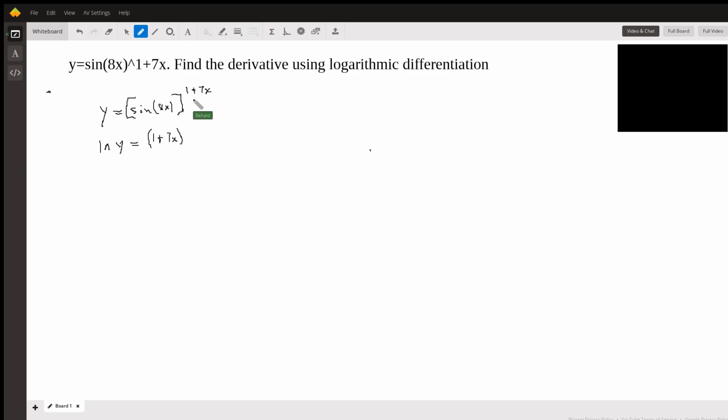So this now becomes (1 plus 7x) times the log of sine of 8x. We're not using any calculus here, we're using algebra 2, taking the natural log of both sides. And hopefully you remember your rules for logarithms.